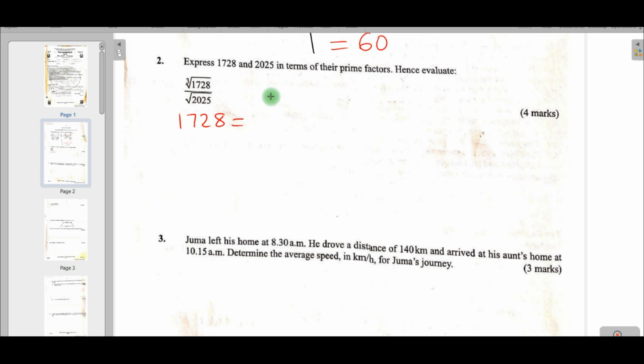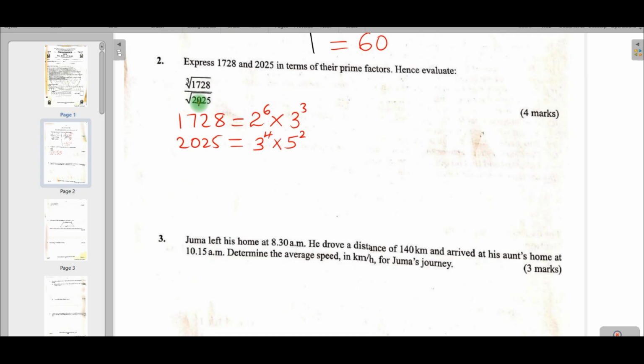So the first step we shall take is to get the prime factors of 1728. 1728 can be written in terms of the prime factors as 2 raised to power 6 times 3 raised to power 3. 2025 can be written as 3 raised to power 4 times 5 raised to power 2.